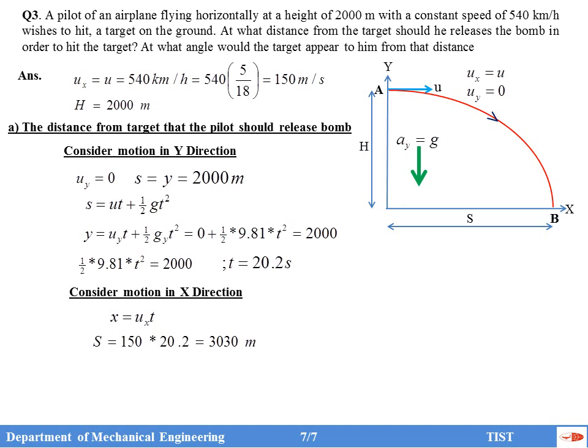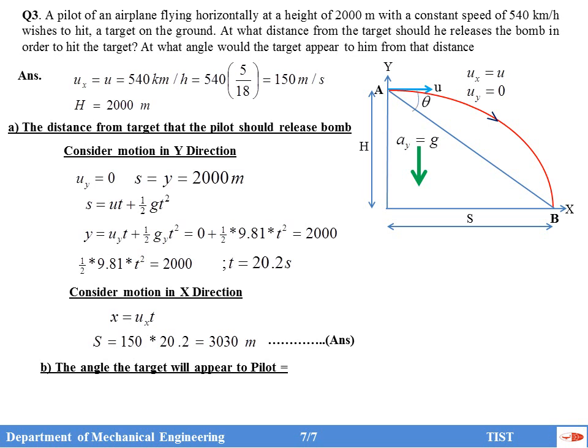You need to draw a line from A to B, and the angle made by that line with the x-axis is the angle you need here, theta.